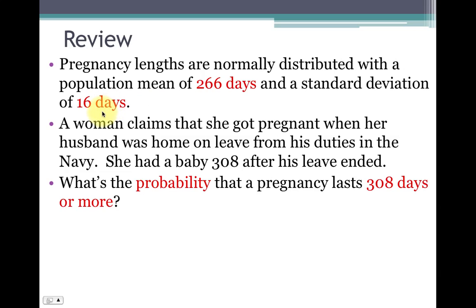The question does not involve a sample of so many women and the sample mean, so we're not going to be using the ideas of the sampling distribution. This is a problem that was taught in Chapter 7, and it's going to be a straightforward normal CDF problem using the standard deviation as the fourth input.